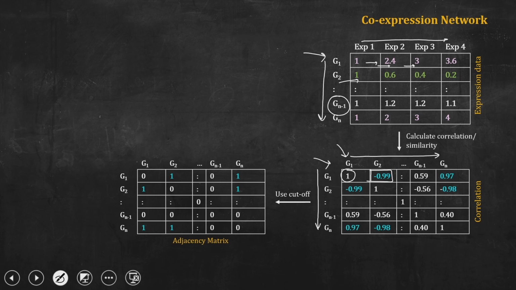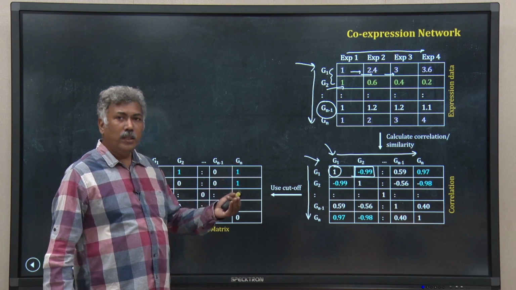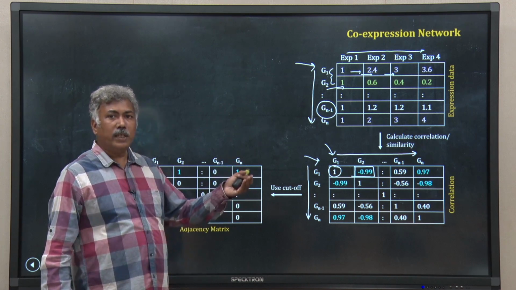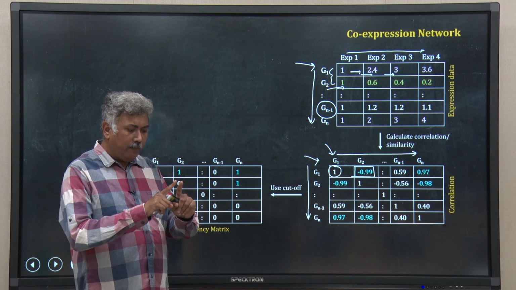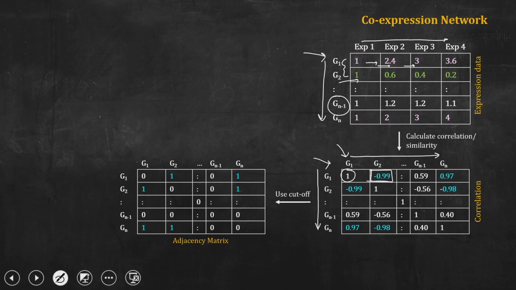This is the correlation between gene 1 and gene 2. As you can see here, in gene 1, as I am doing different experiments 1 to 2 to 3 and 4, there is an increase in gene expression, whereas for gene 2 in those experiments the gene expression has dropped, it is down regulated. So, that means there is a negative correlation and that is what I have got here, minus 0.99.